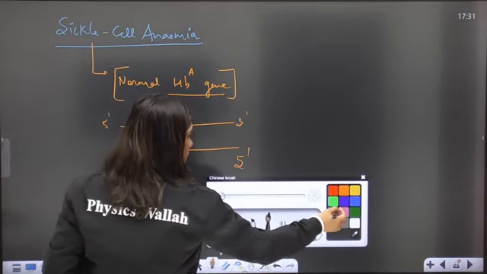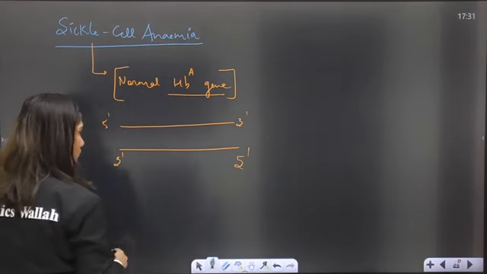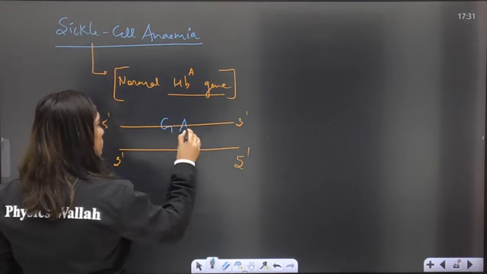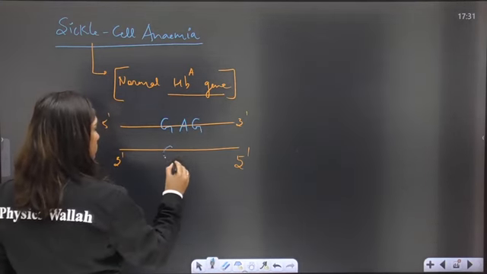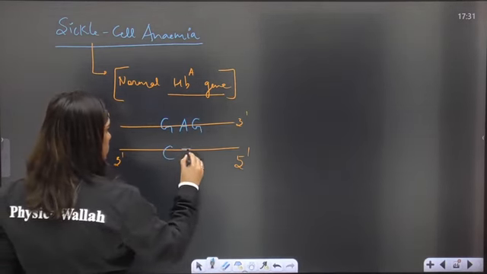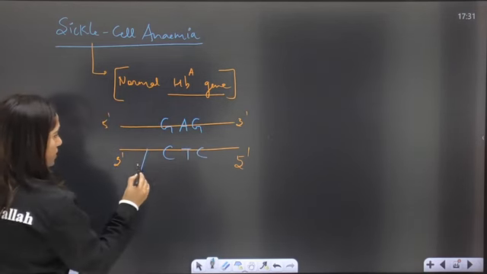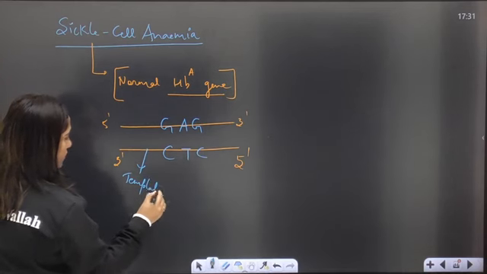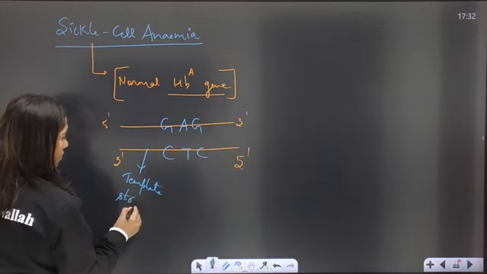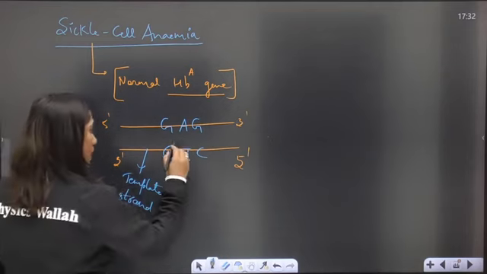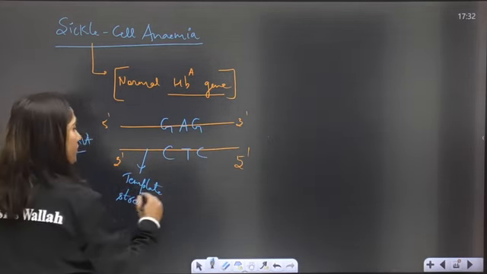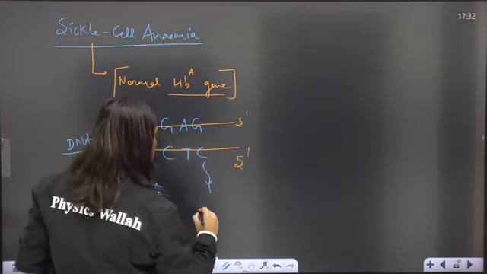So in the normal case, this is the template strand. Now you know what a template strand and a coding strand are. On DNA, transcription will occur and mRNA will be formed.